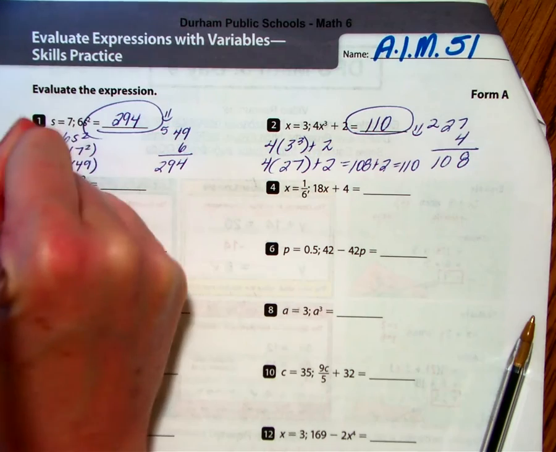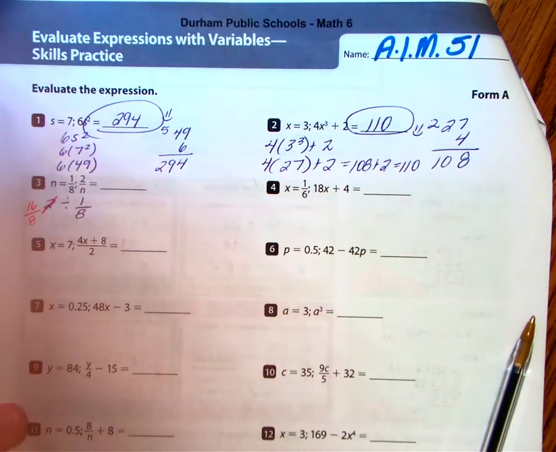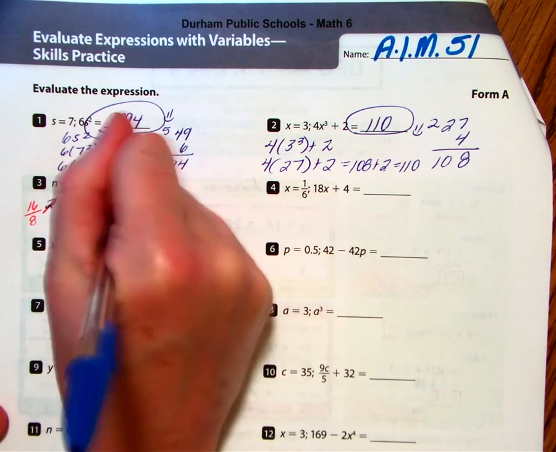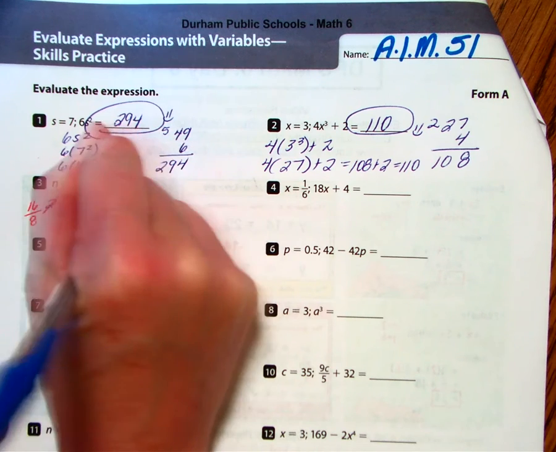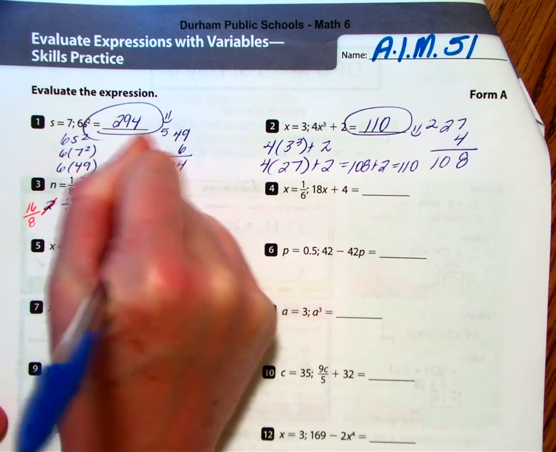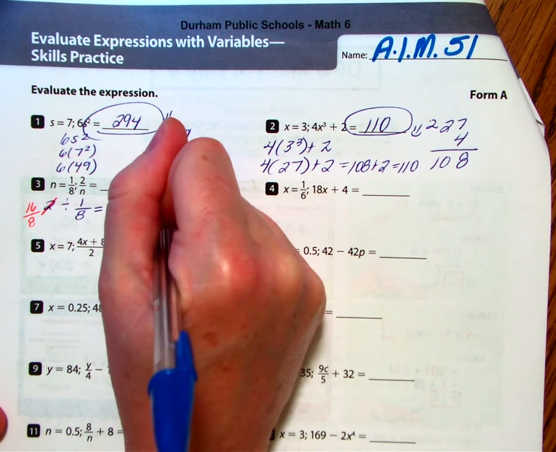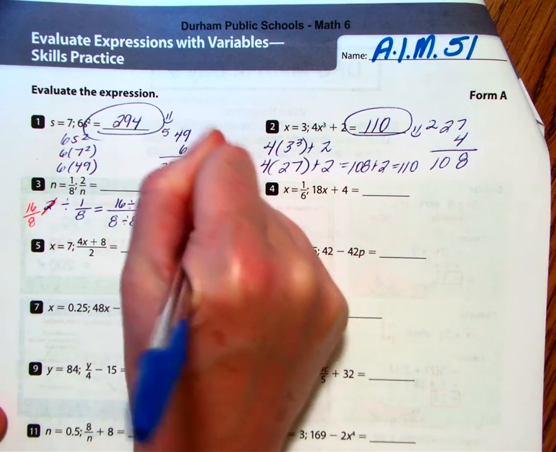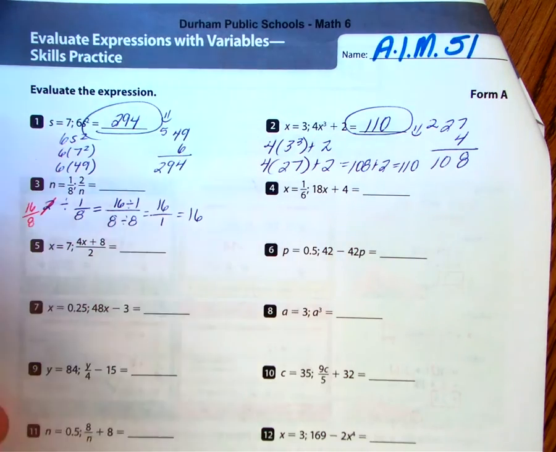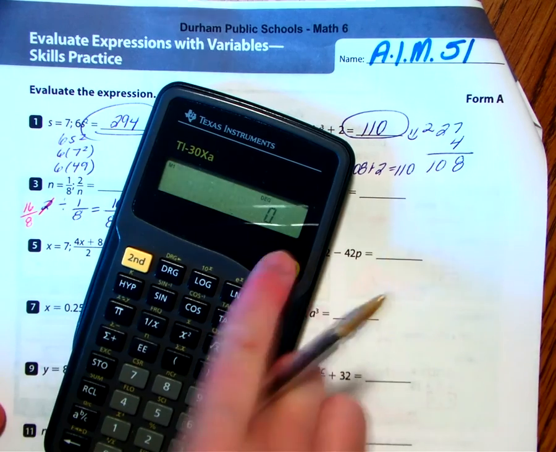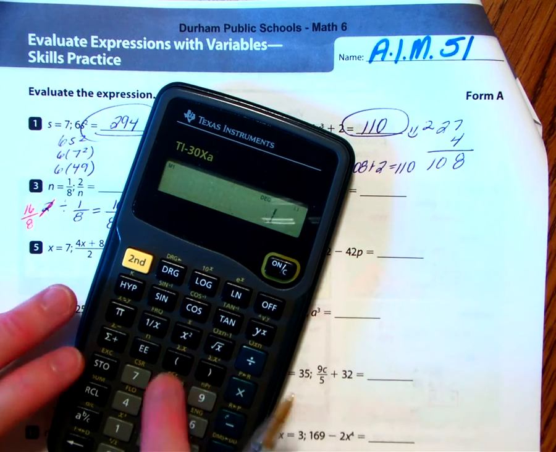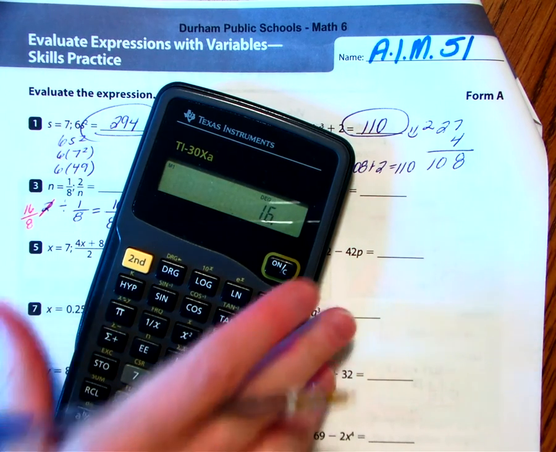So that would be 16 over 8. So now I've got 16 over 8 divided by 1 over 8, which is 16 divided by 1, 8 divided by 8, so I get 16 over 1 equals 16. 2 divided by 1/8 is 16.